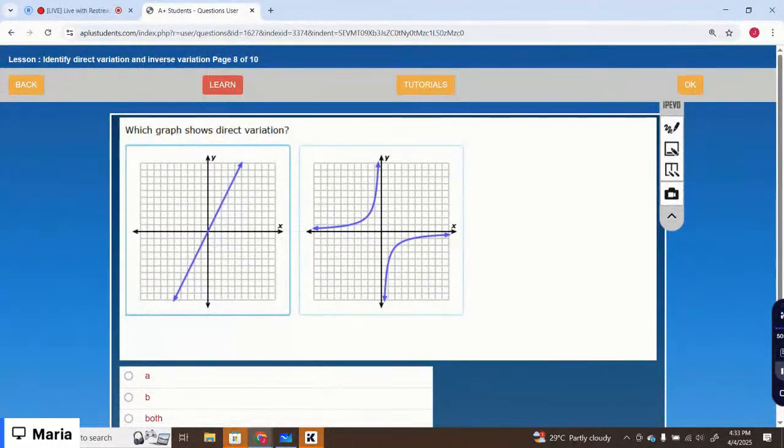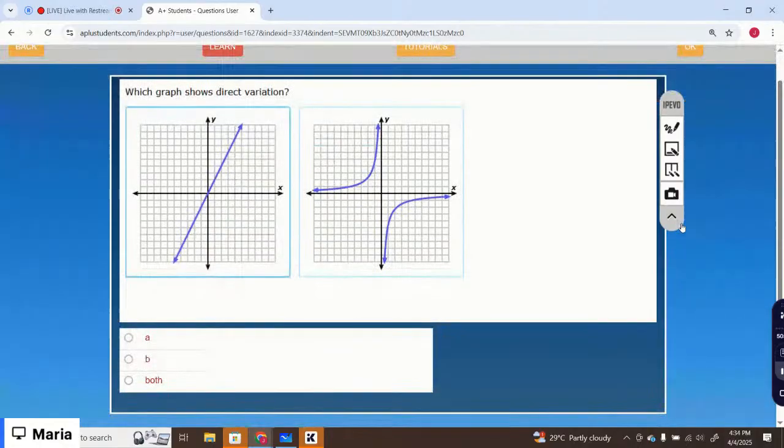Which graph shows direct variation? A is the correct option.